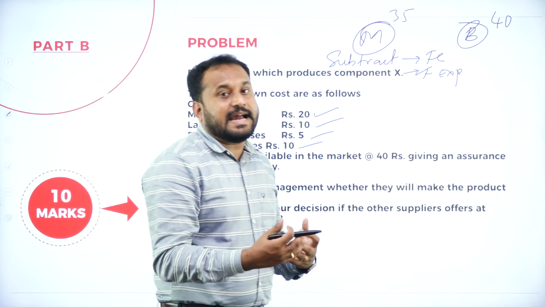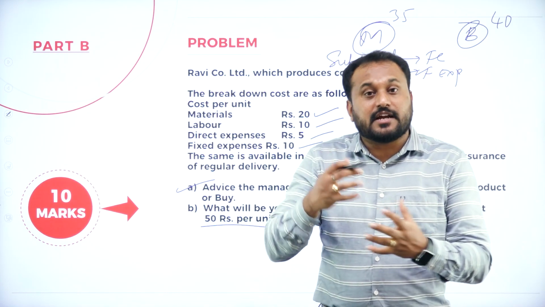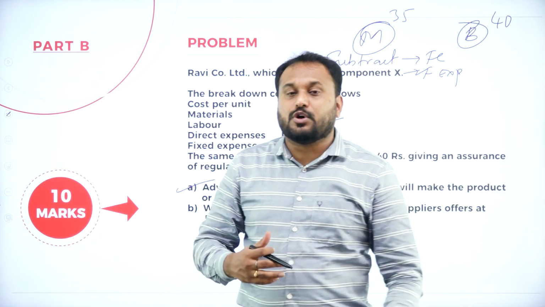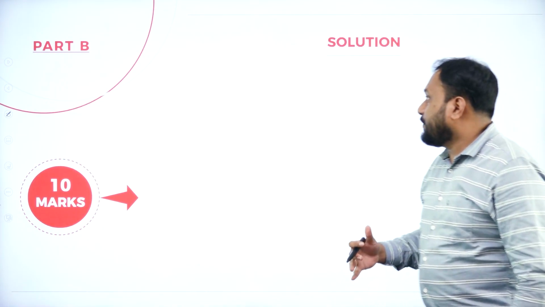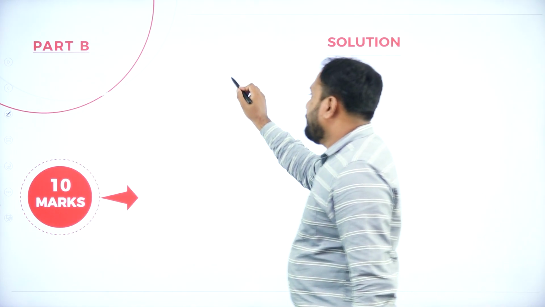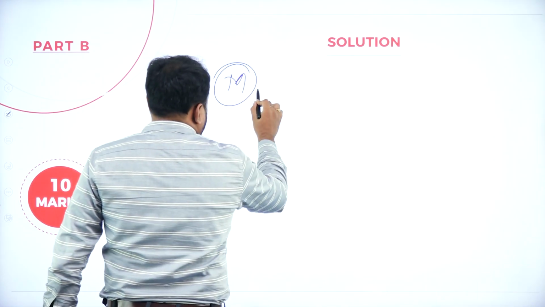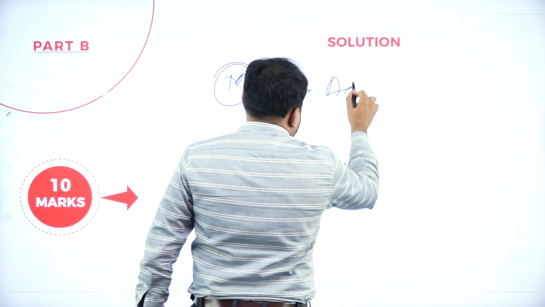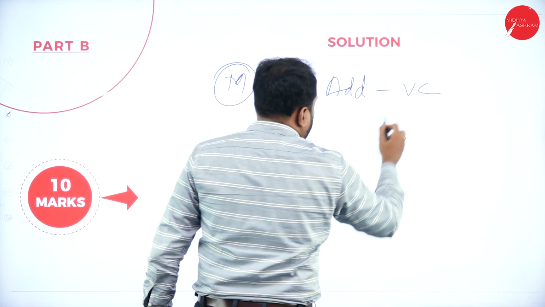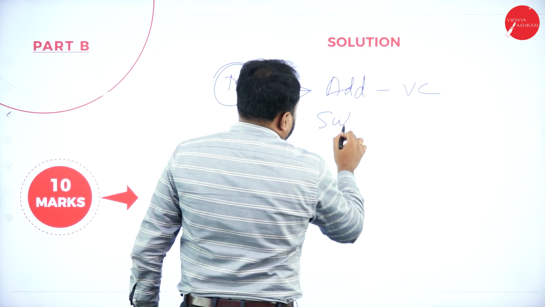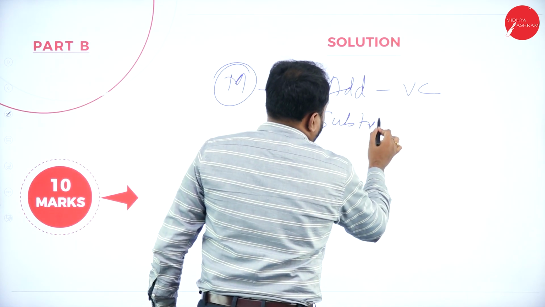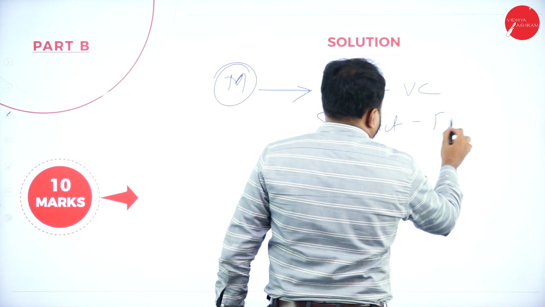The conclusion carries more marks. Conclusion carries more marks. Please watch the concept classes. Now whenever you make, you need to add all variable cost. You need to subtract fixed cost.